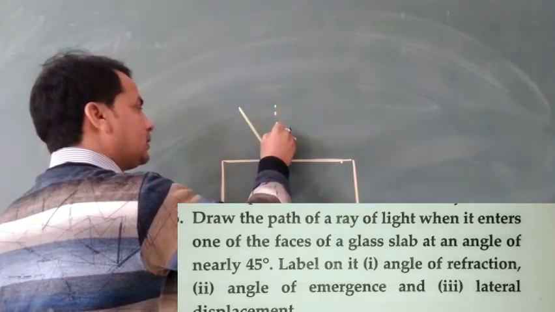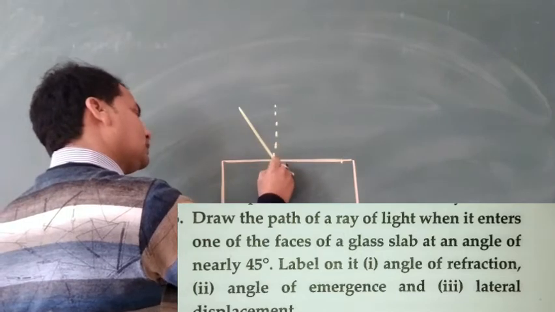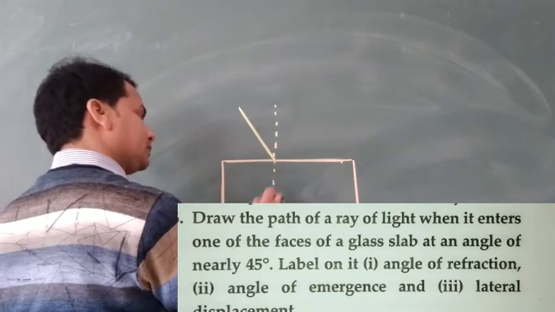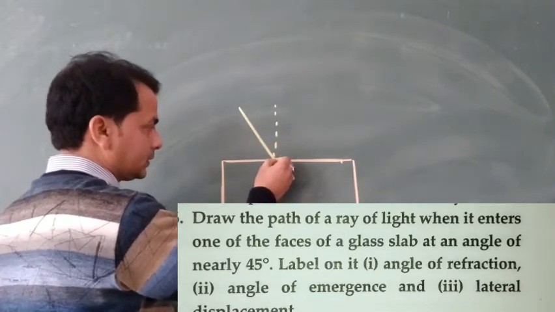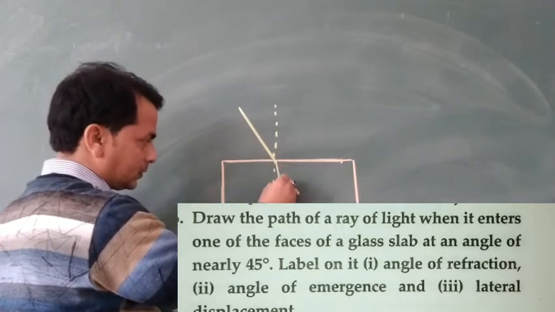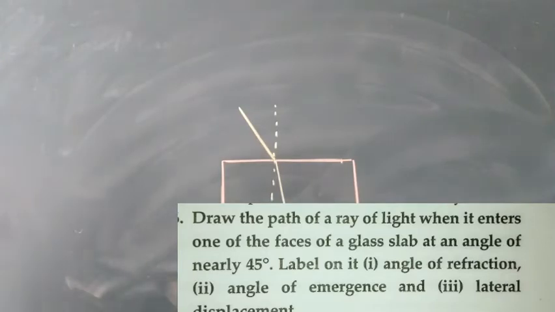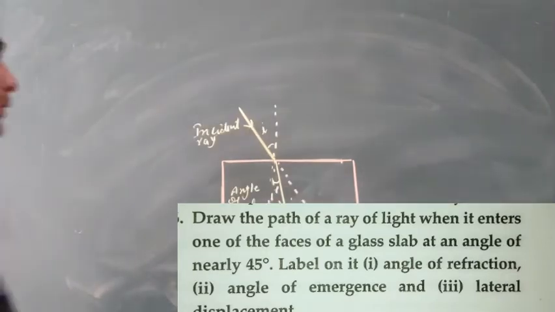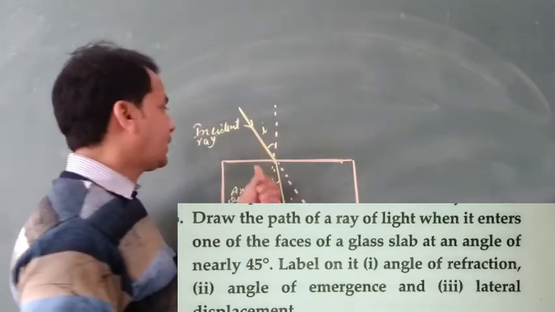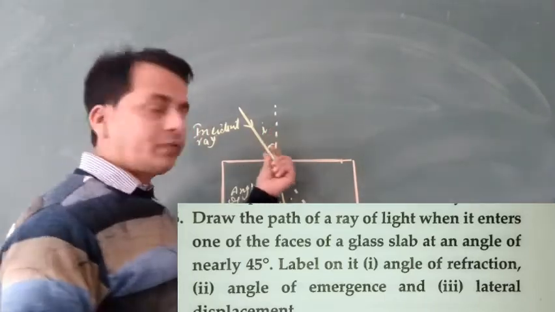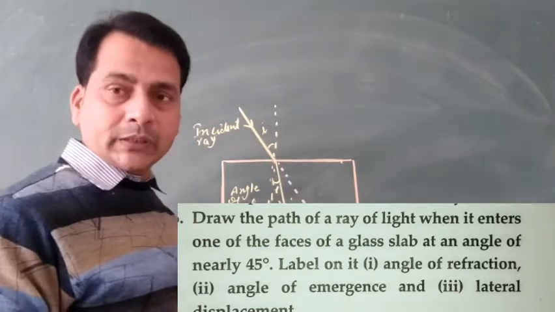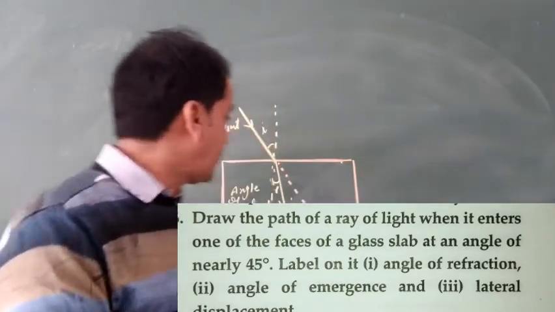That is the normal, and the ray bends towards the normal. So the incident ray makes an angle with the normal of 45 degrees, and the angle of incidence is 45 degrees.